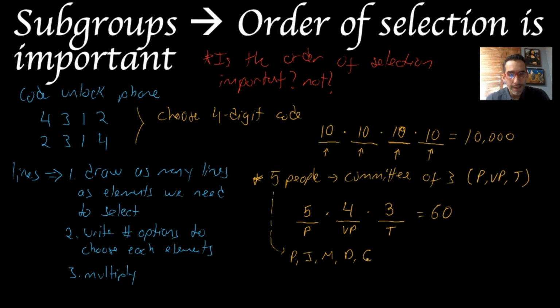So what we're saying is that if I have these 5 people, my committee could have been formed by Pedro and John and Maria, or it could be Maria and Daniel and Camila, or Camila and John and Pedro, etc. Okay, this is what I'm counting. Those are the 60 different subgroups that I can make. All right. So when the order is important, we just go with the lines approach, and that's it. Here, the step by step.